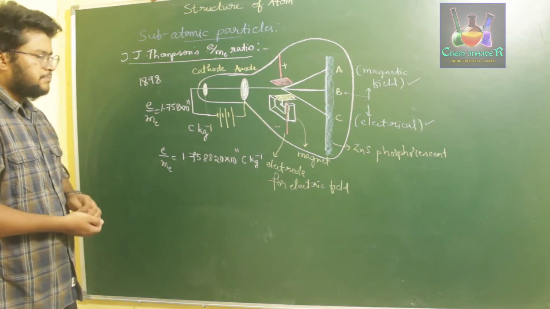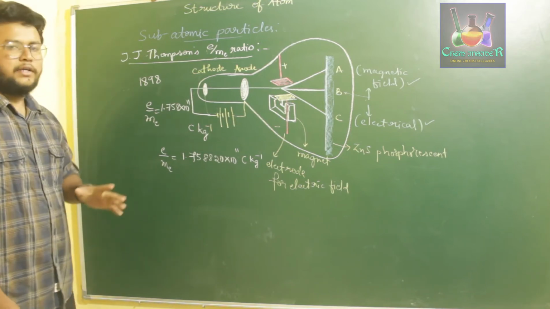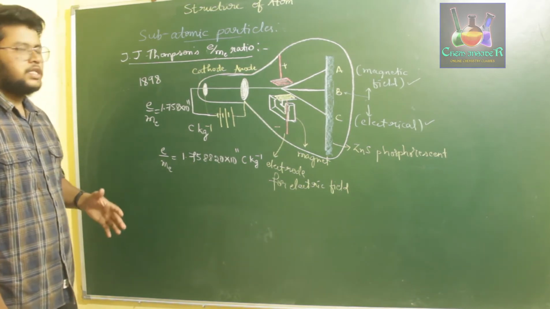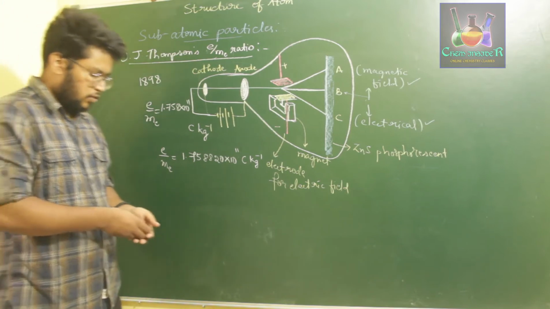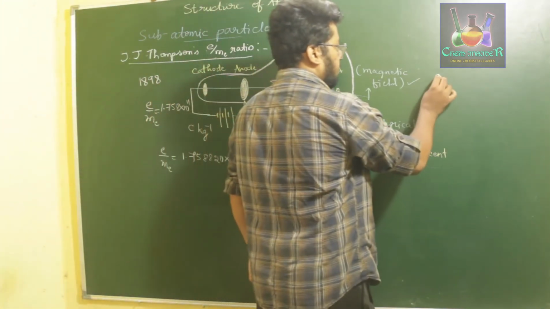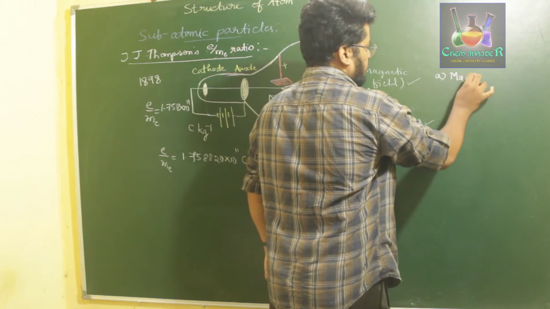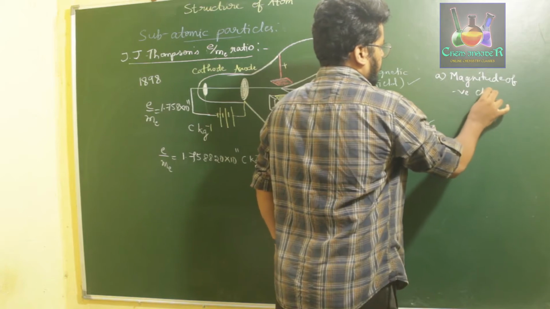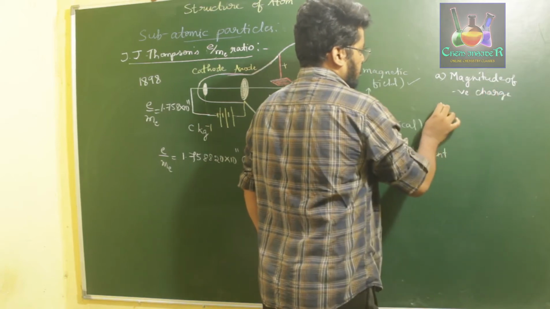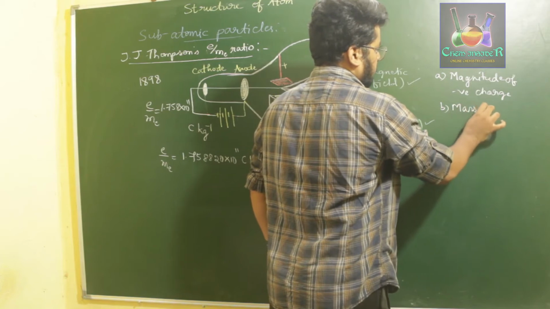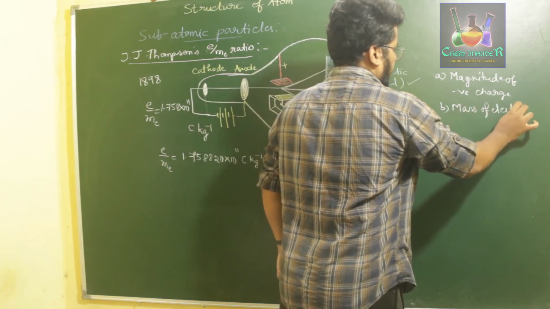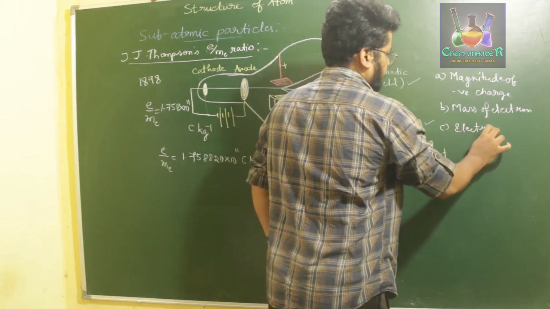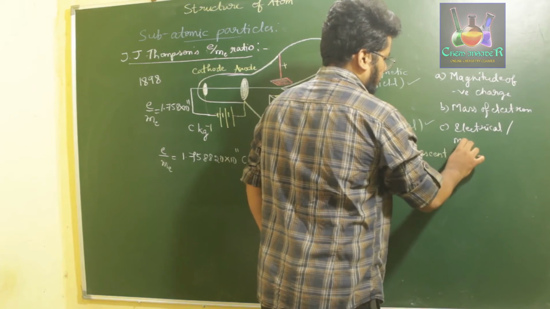Now further, he said that there are certain factors which define the charge to mass ratio of an electron, and those factors are, first, the magnitude of the negative charge on the electron; second, the mass of the electron; and third, the electrical and magnetic field strength.